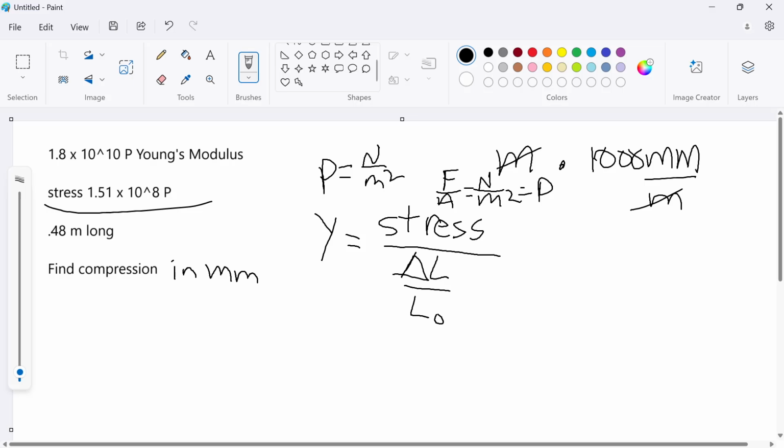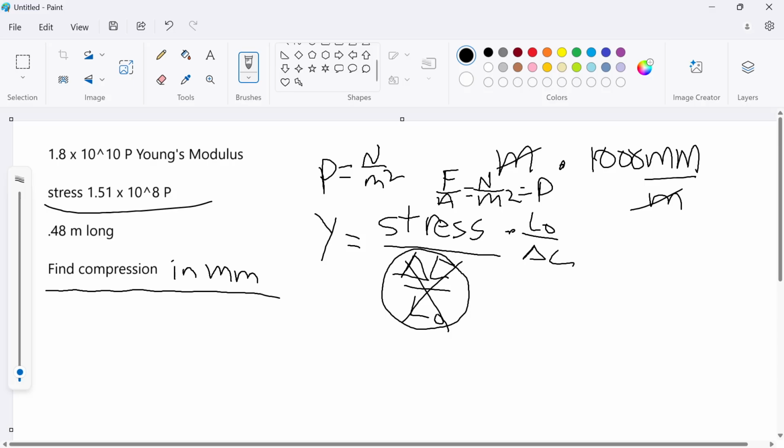So in this case, it says Young's modulus. Let me manipulate this, and then I can get a formula to find the change in length, because that's what it's looking for, the compression. If I take this fraction out of the denominator, I multiply by the reciprocal, L0 divided by delta L. Dividing by a fraction is multiplying by the reciprocal.